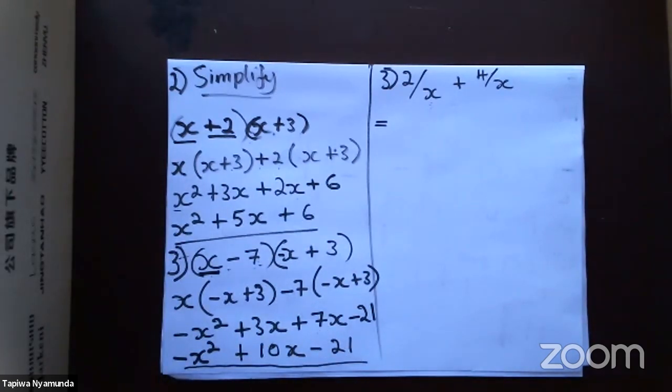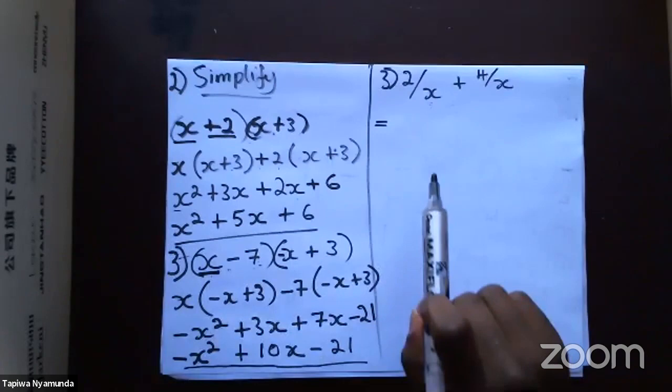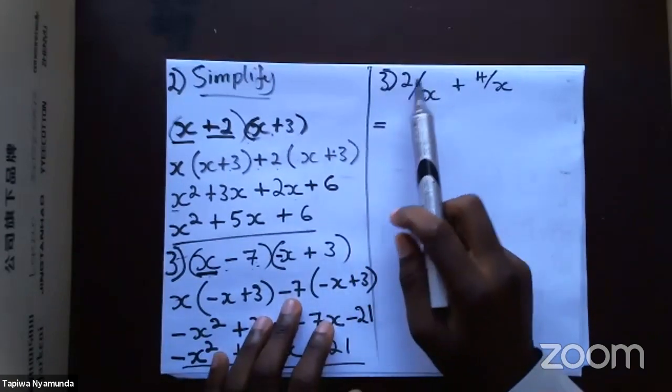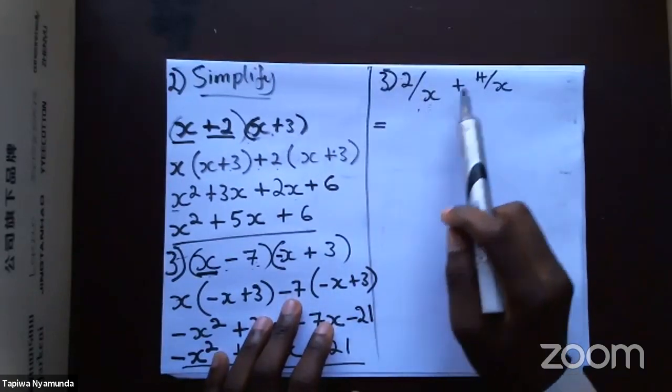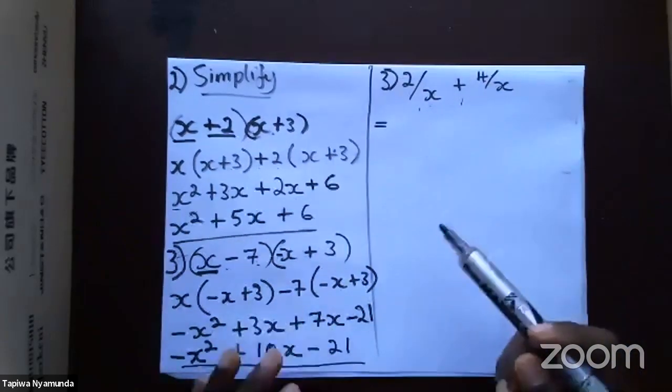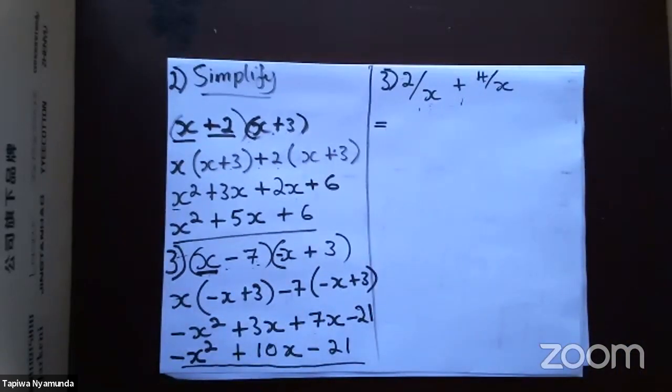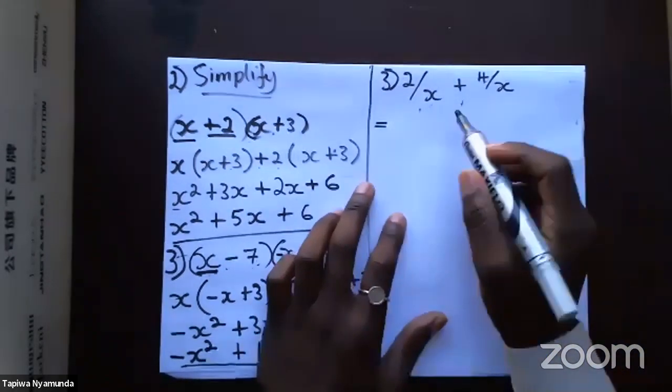So the way we deal with numbers is the same way we deal with letters. For example, if you have been given 2 over 8 plus 4 over 16, what would be your first step? Your first step would be to find the common denominator, isn't it, guys? It's for you to find the common denominator.